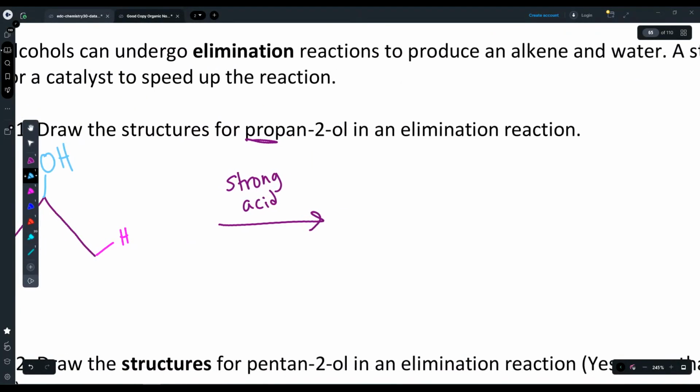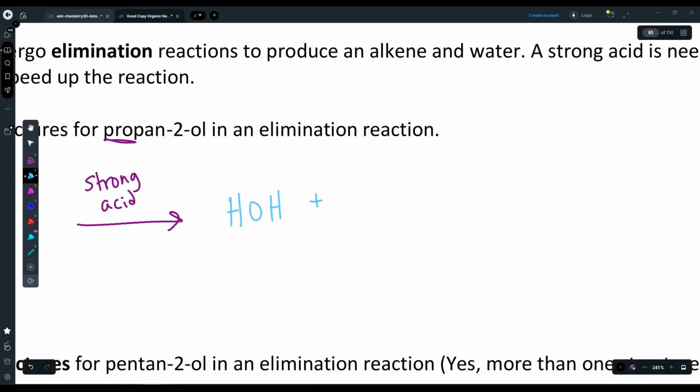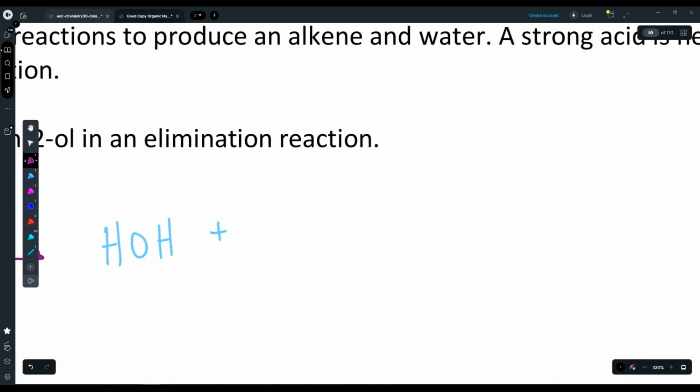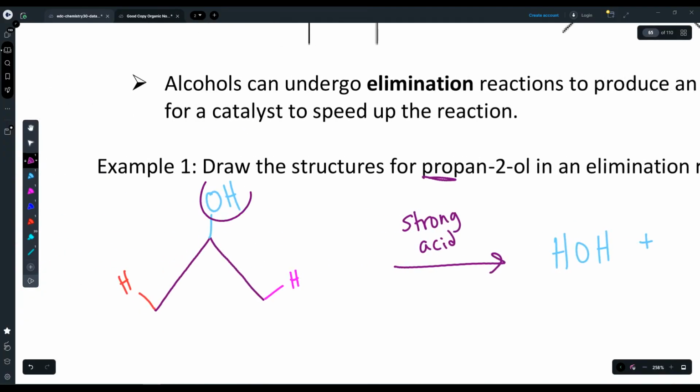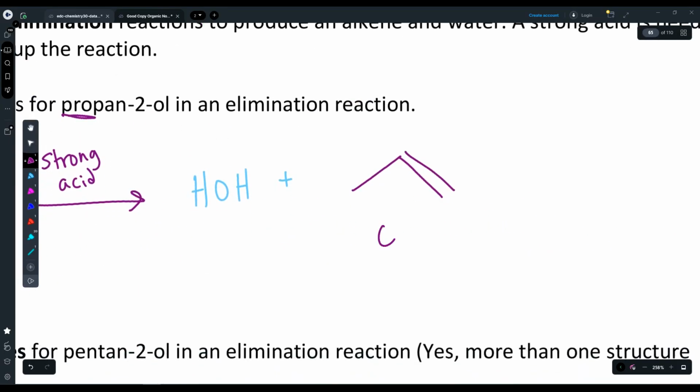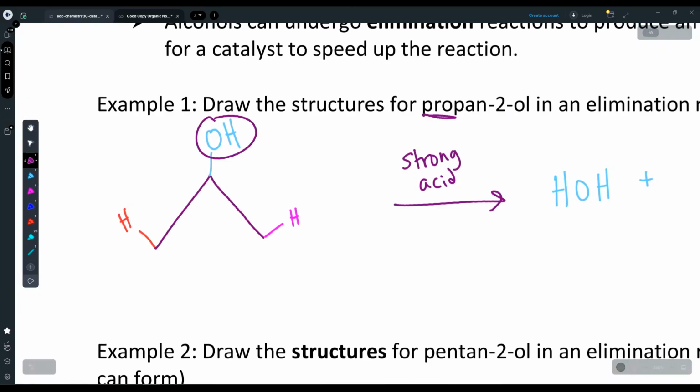So let's say we have water, and for the hydrocarbon, it can either look like this, if this leaves with this, but you could also write your product as that, assuming this alcohol group leaves with this hydrogen.